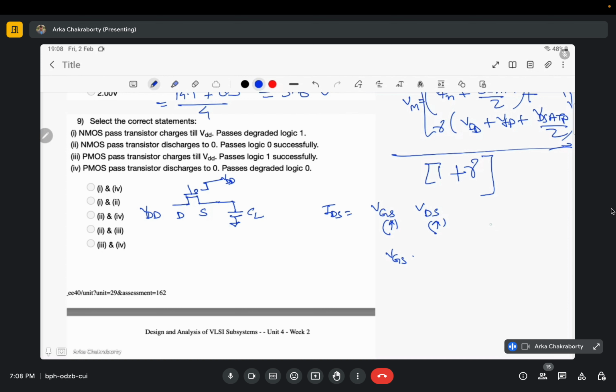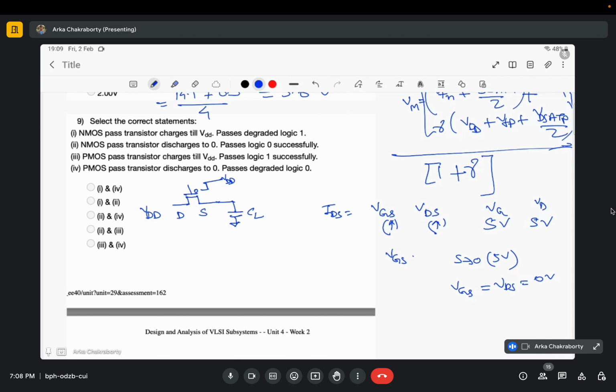Say my VG is 5 volt and VD is also 5 volt, and my source has started getting charged. Source was initially 0, but it also becomes 5 volt. So my VGS and VDS both will become 0 volt, right? So my current will become 0.